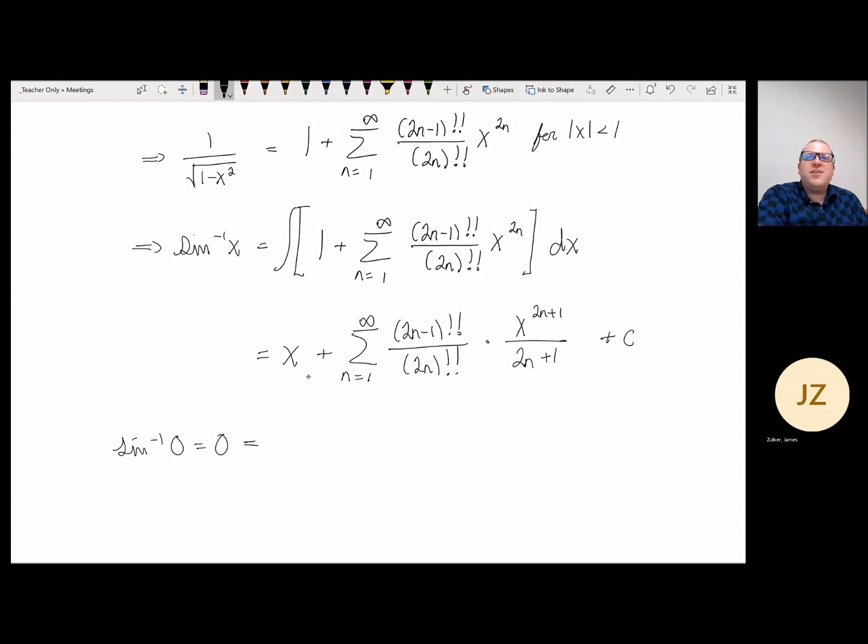Now plug x equals 0 into here. 0. 0, right? Times anything is 0, so it's just 0 plus the sum of an infinite number of zeros, which is still just 0. You're left with just C. C is 0. So you can just drop it.